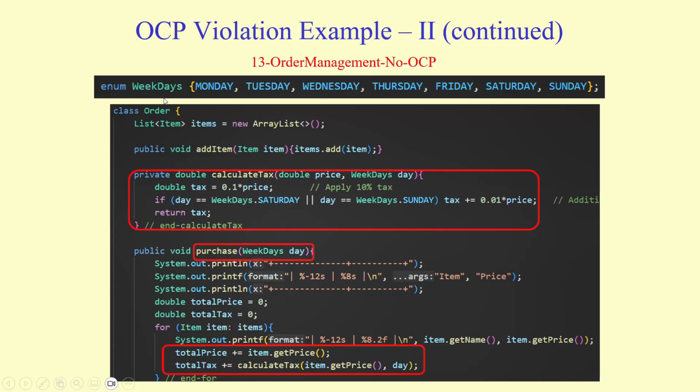We can now define an enumeration that lists all the days of the week. And now there is an additional parameter to the purchase method that says on what day we are making this purchase, and there's an additional parameter to the calculateTax method that takes the day, and if the day is a Saturday or a Sunday, then it adds this additional 1% to the total tax and then returns it.